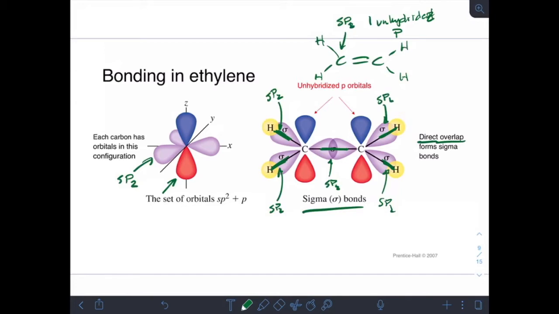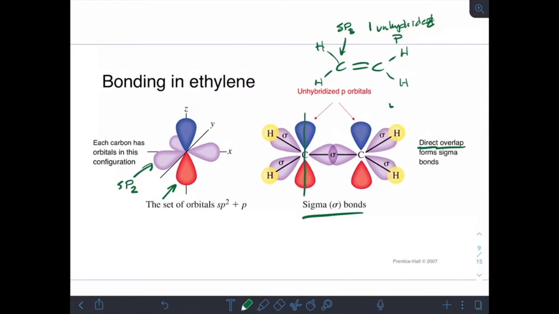So every time you have a direct overlap, you have a sigma bond. Let's clean this up a little bit so I can talk about the next idea. What happens is these unhybridized p orbitals are sticking up and down in the z-axis together. These are both sticking straight up and down in the same axis.